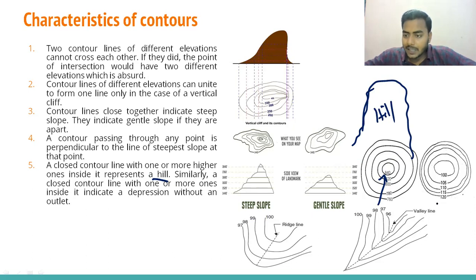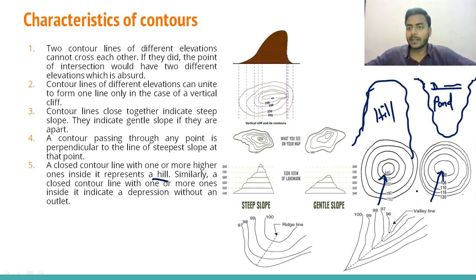On the other hand, in this case you can see that towards the inside the elevation is decreasing. So that will show a depression in the ground. We have also discussed this in the case of a pond: when the higher elevation contour is outside, the elevation decreases inward like this.